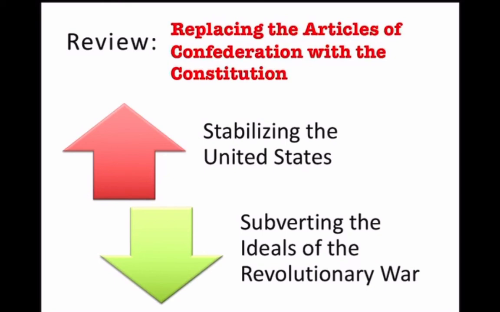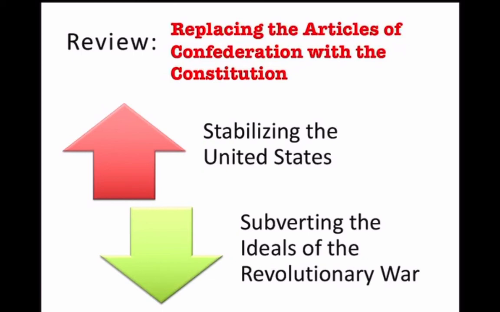One of the things here as well that I want you to consider is how tricky it really is, coming out of the American Revolution, the fight for independence against England, and how the number one concern, right, becomes stabilizing the United States, stabilizing the government, stabilizing the economy, stabilizing society.